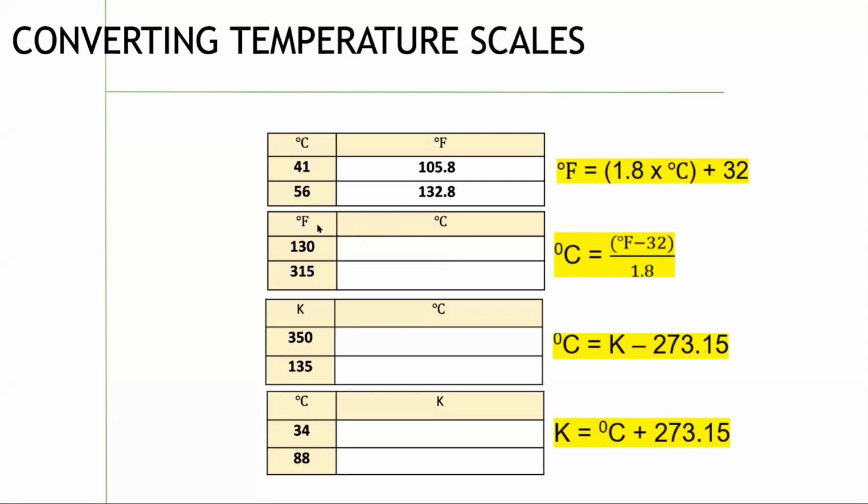For this one, let's have the Fahrenheit to Celsius. We will use this working equation: Celsius is equal to Fahrenheit minus 32 divided by 1.8.